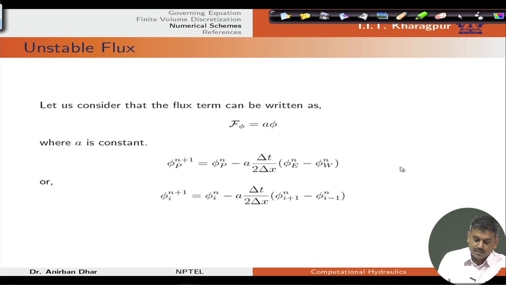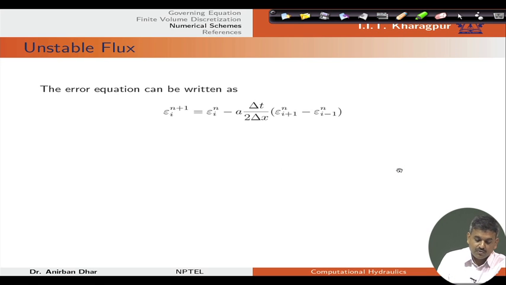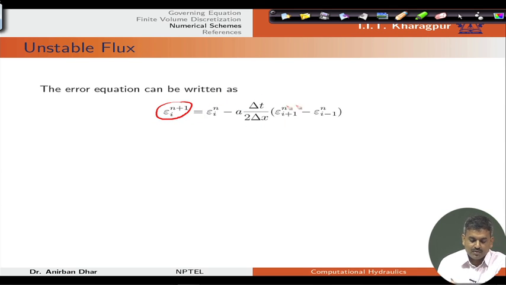Now, we need to see whether this discretization is stable or not. Like our finite difference technique, we can use our error equation. The error equation we are writing in terms of epsilon i n plus 1 and epsilon i n, and this term is constant.